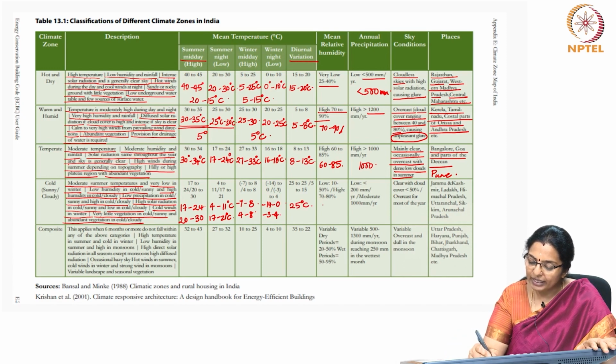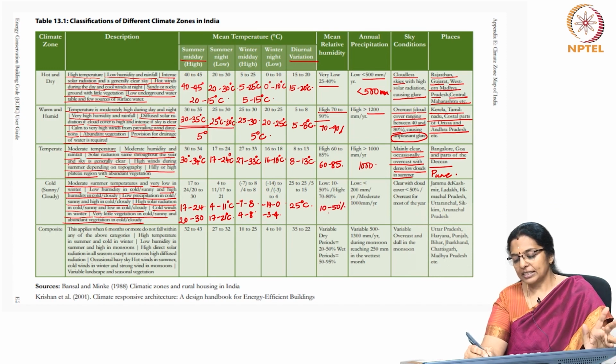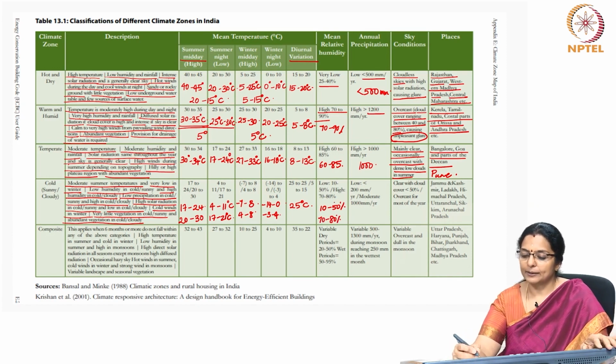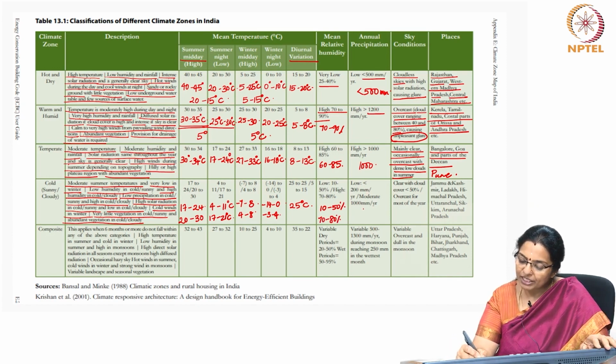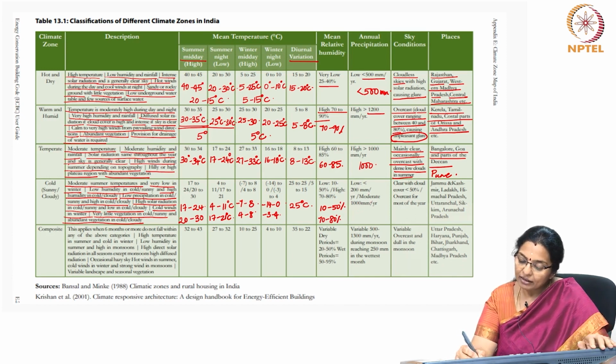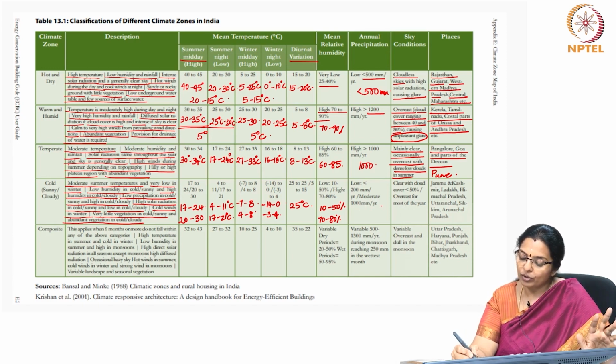Mean relative humidity is low, between 10 to 50%, and when it is high, it can be 70 to 80 in cold and cloudy. In cold and sunny, it is very less. Annual precipitation is low, less than 200 mm in cold and sunny, and moderate, up to 1000 mm, in cold and cloudy.